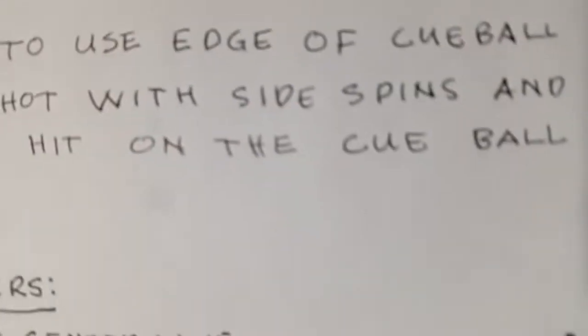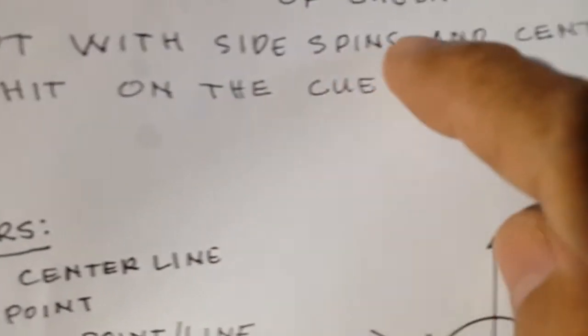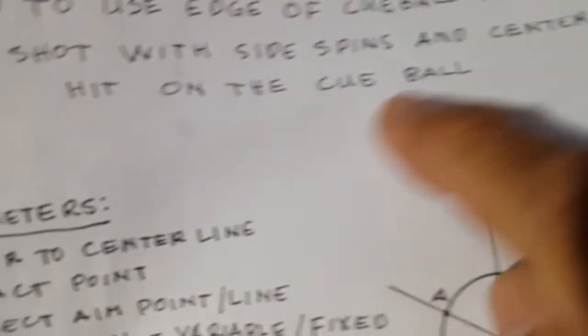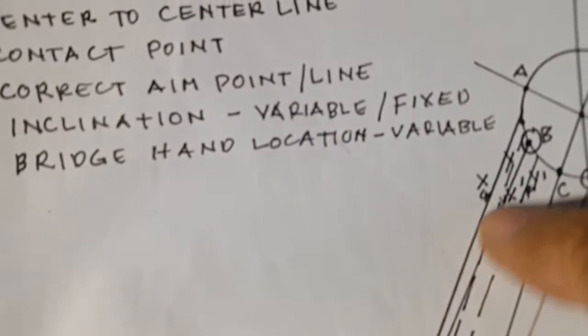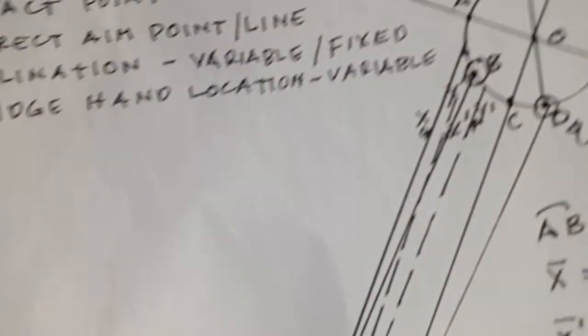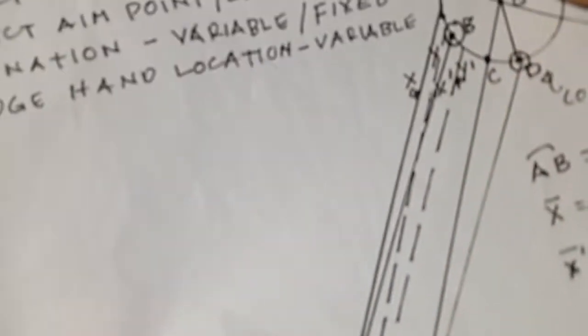And the next parameter needed is the inclination. Since we are aiming with side spins and center ball hit on the cue ball, our inclination could be variable, but we could have a fixed inclination here by taking this line.